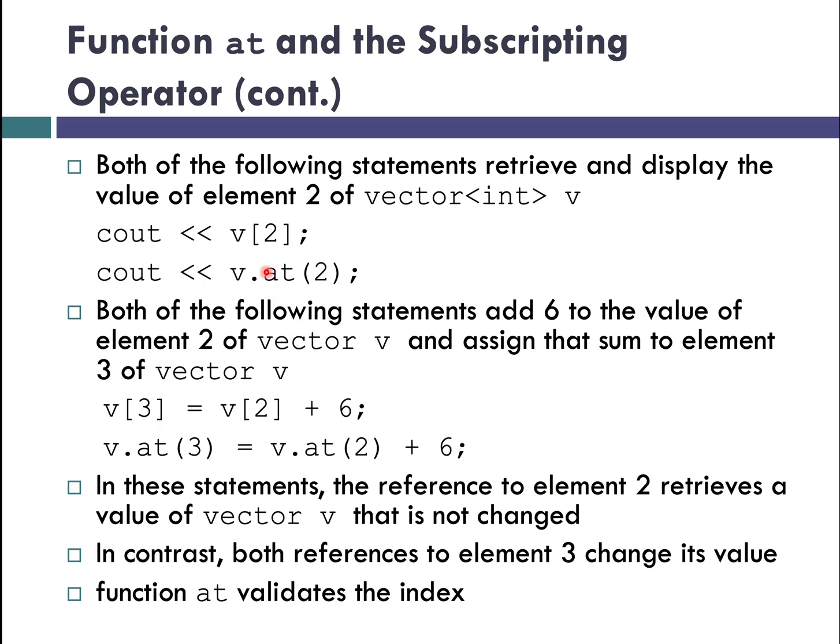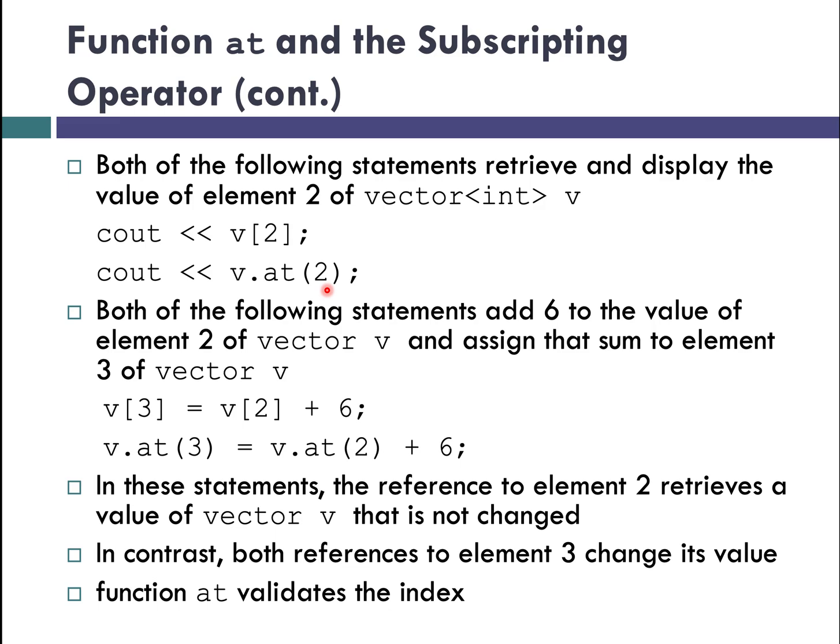One thing that's not familiar to some students is that when you use the square brackets to index into your vector and get a particular element, you're actually calling a function called at, passing it as a parameter the element that you want to get.